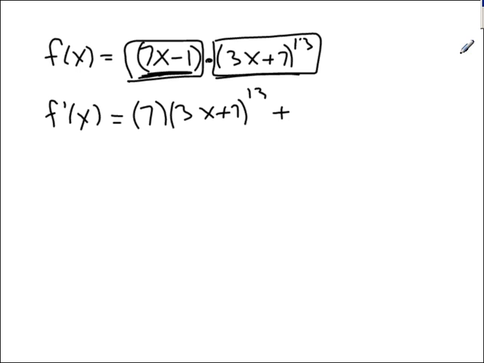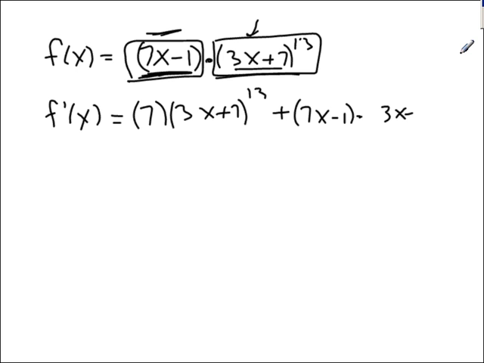Plus, now just leave the first, and then multiply that by the derivative of the second. But the second is a function to a power. It's 3x plus 7 to a power. So we use the power rule.